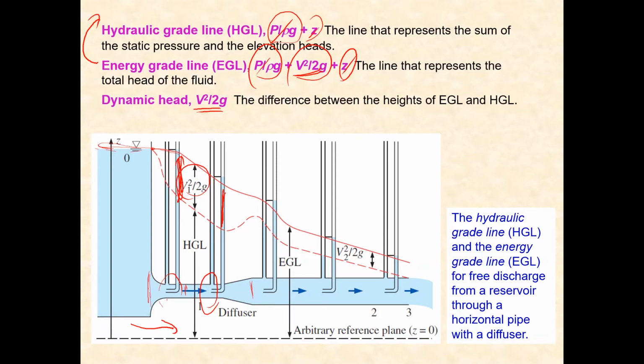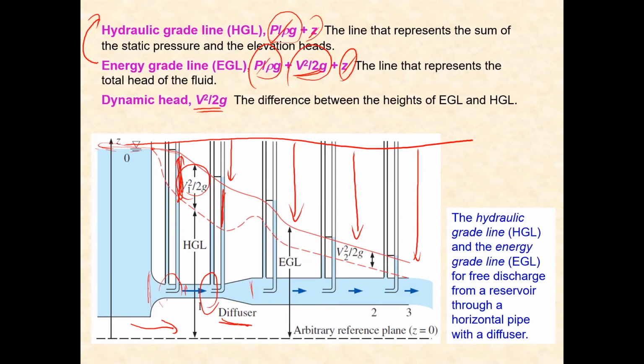But this is a non-ideal phenomenon where there's an energy loss happening here. That's why the EGL here is not constant. If it were ideal, it would be constant. The difference here is the energy loss or head loss due to friction in the channel or in the pipe. Then from the second tube to the third tube, we have a diffuser, going from a smaller gap into a wider gap.